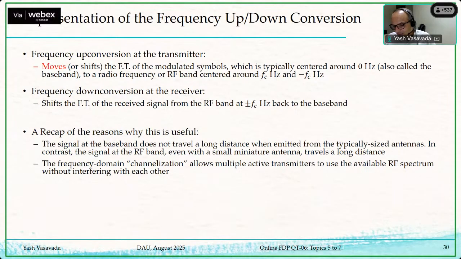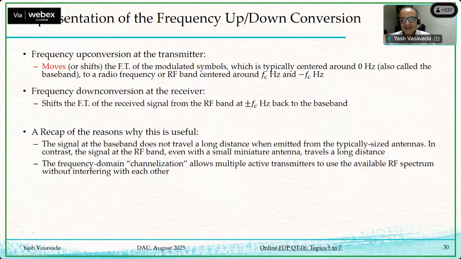Forget about 5 gigahertz, even something which is oscillating at 100 kilohertz, we can't hear that. Our ears can hear only frequencies which are below, I think, about 20 kilohertz. Something could be very loud, but if it is above 20 or 30 kilohertz, we won't hear it. So this signal has to be brought back to 0 hertz. That is frequency down conversion.